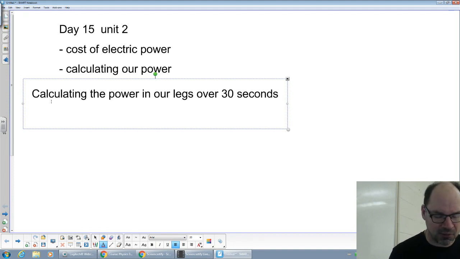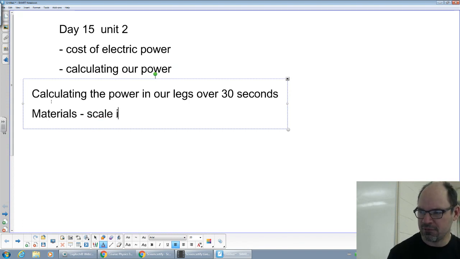Okay, so what we need for materials is a scale in kilograms, because you need to know your mass. We need a meter stick. We also need a timer.